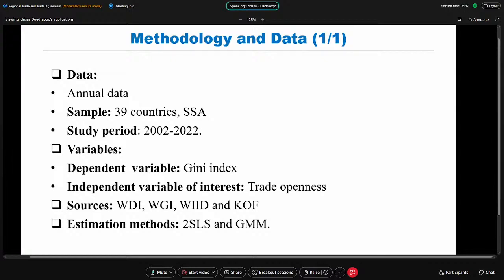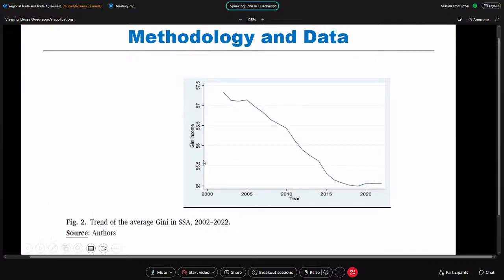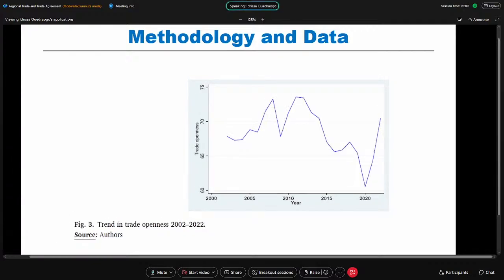From this figure, you can see that income inequality is decreasing in Africa over the period of study, but it still remains high, around 55%. When you look at trade openness, it decreases during crisis periods.